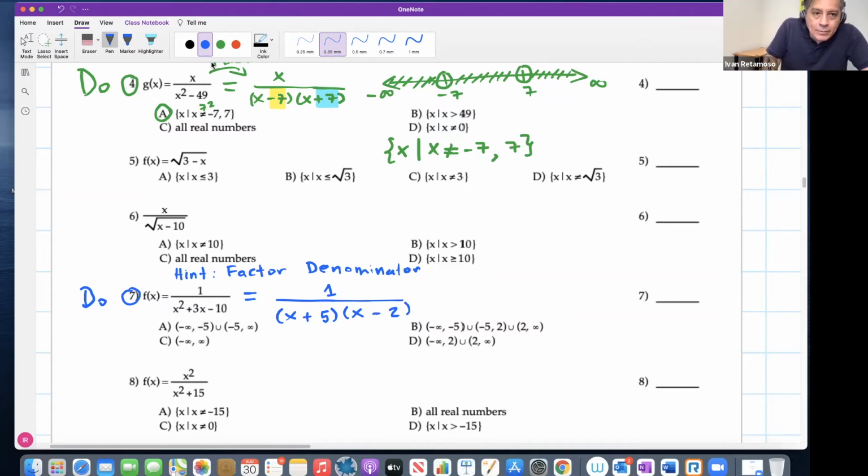All right, now you pay attention to the opposite of this and the opposite of this, right? These are the ones that you have to take away from the number line. So the domain will be all real numbers except the opposite of +5, -5, and the opposite of -2, +2.